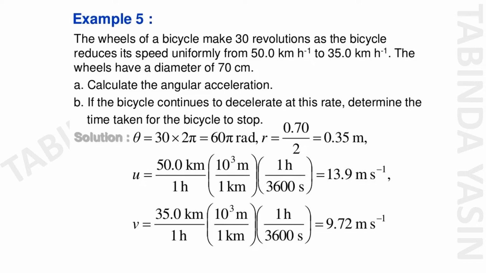And v is equal to 35 kilometers over 1 hour into 10 to the power 3 meters per kilometer into 1 hour over 3600 seconds, that gives 9.72 meters per second.